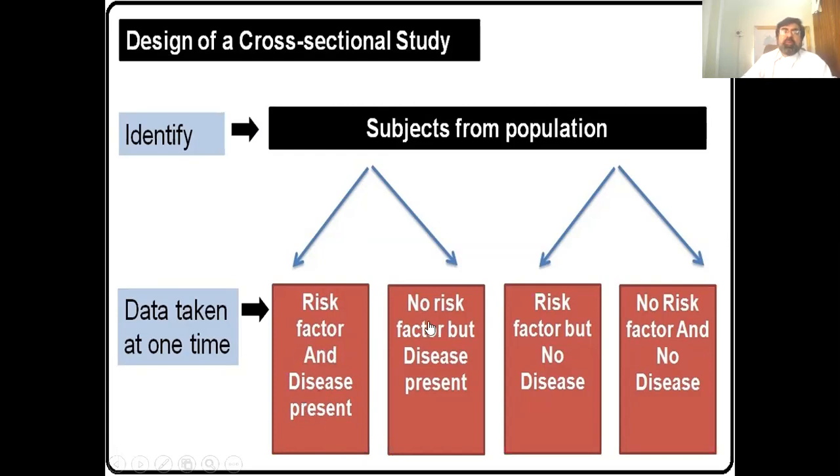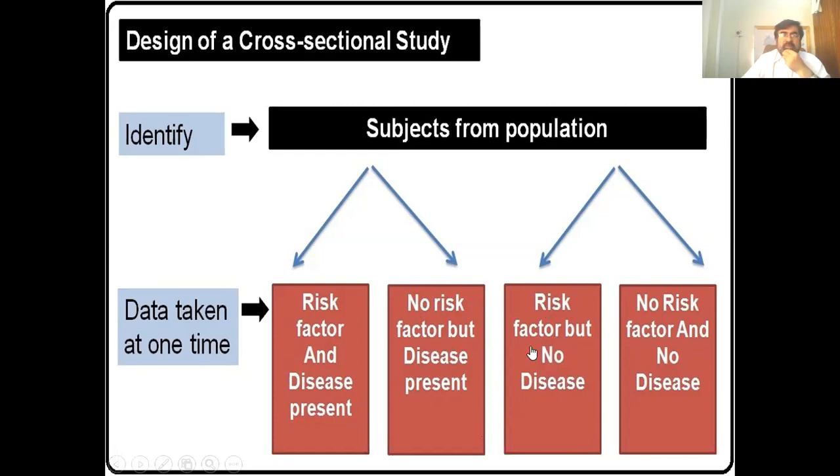And there may be a group of people who have no risk factor, meaning they do not use tap water. They first boil the water, let it cool down, and then use it. And the disease may still be present. Despite no risk factor, they may have the disease. So you can find a group like this. And on the other hand, a group of people may have the risk factor but not the disease.